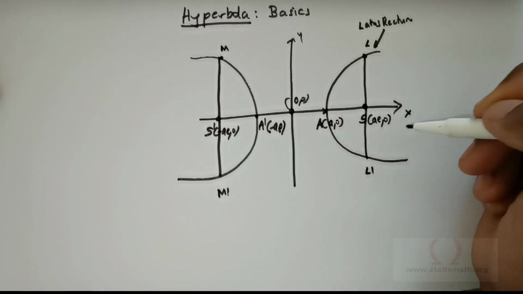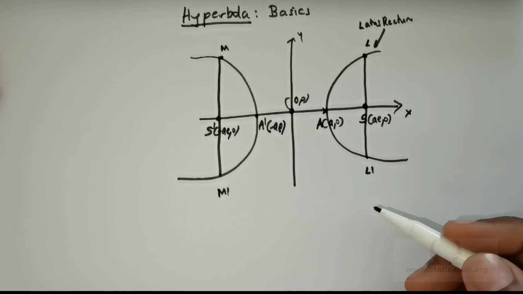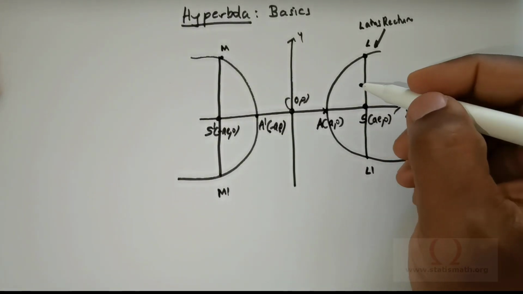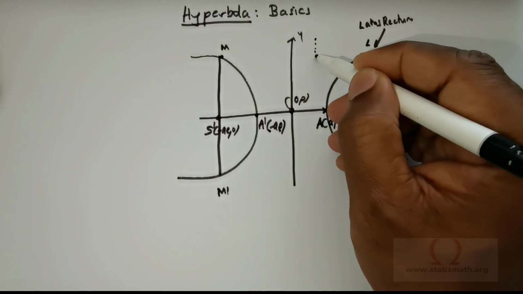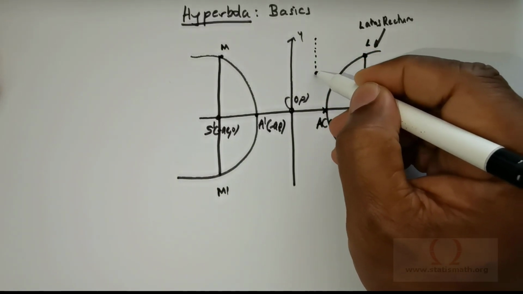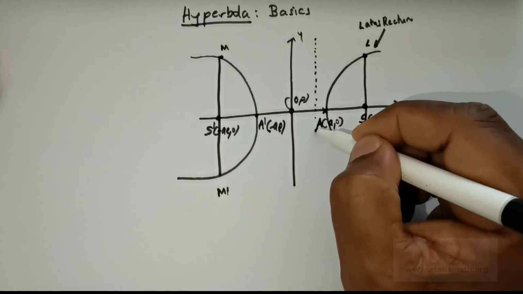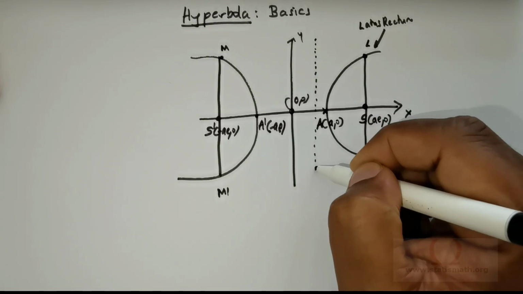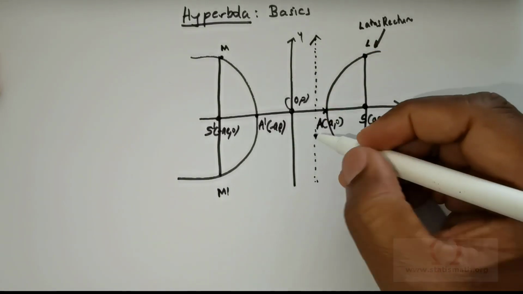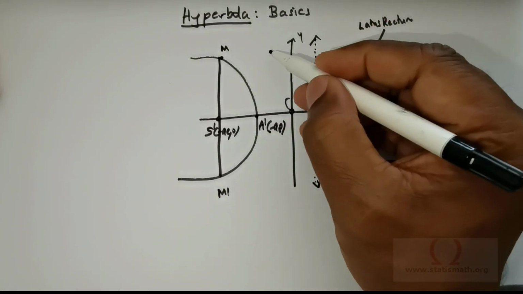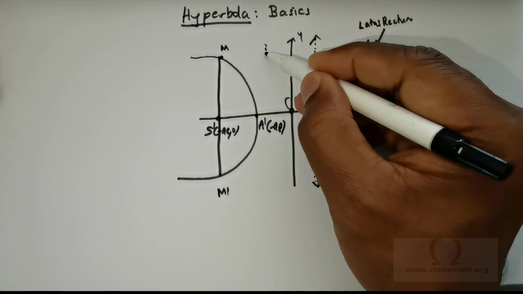Okay, this entire line. Now what we are going to do is drop a perpendicular. Okay, in the normal case for a parabola, this would have been a directrix. So that is exactly what it is going to be in case of the hyperbola, but we will have to get certain things done before we bring that conclusion.